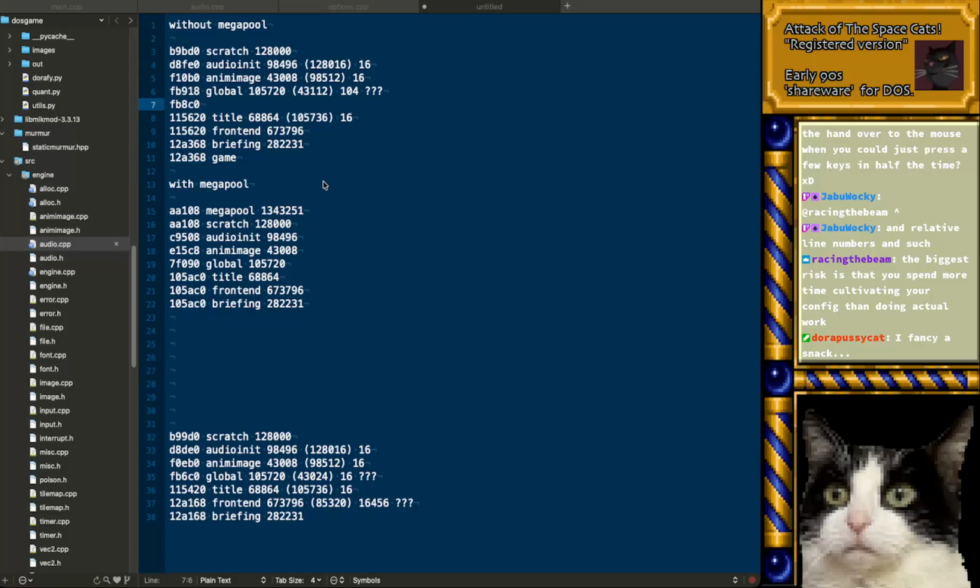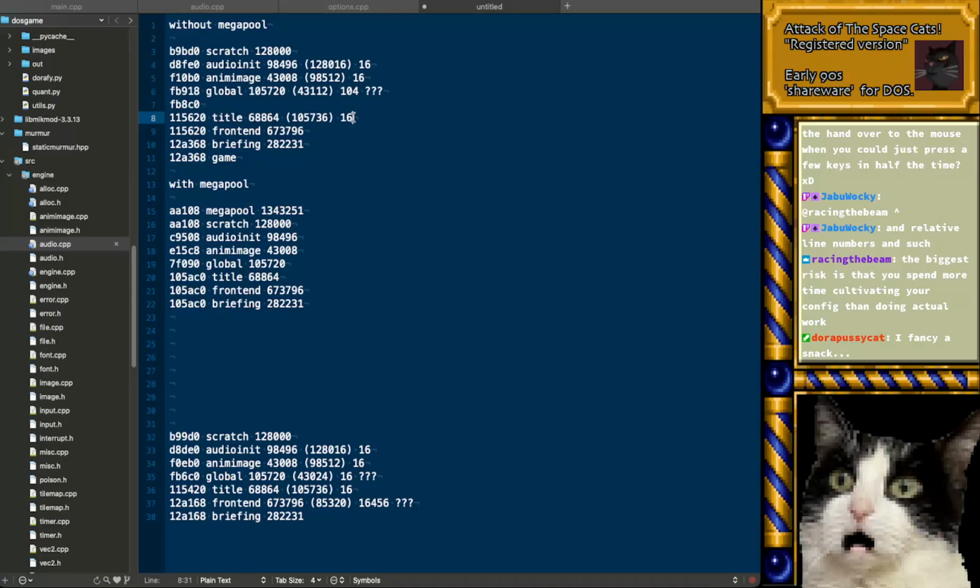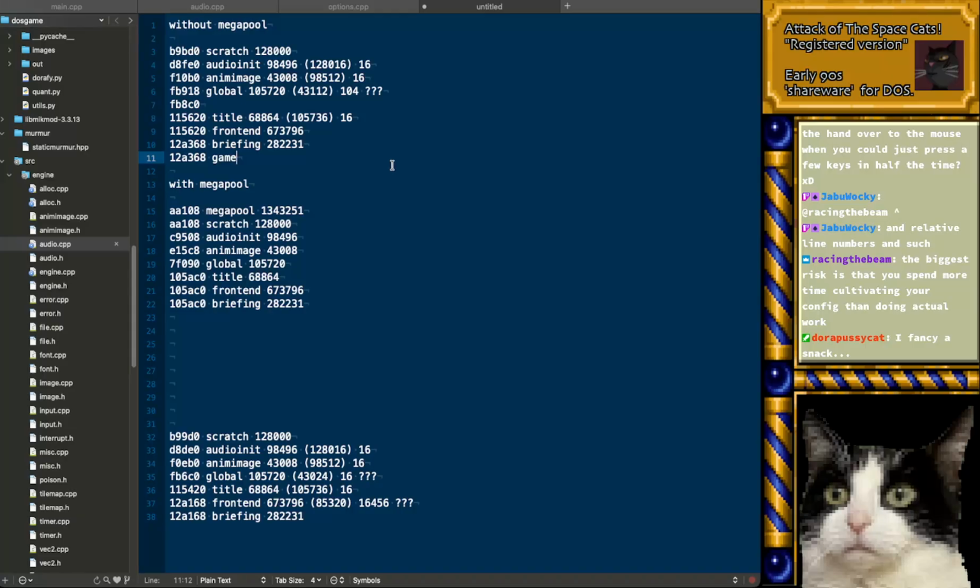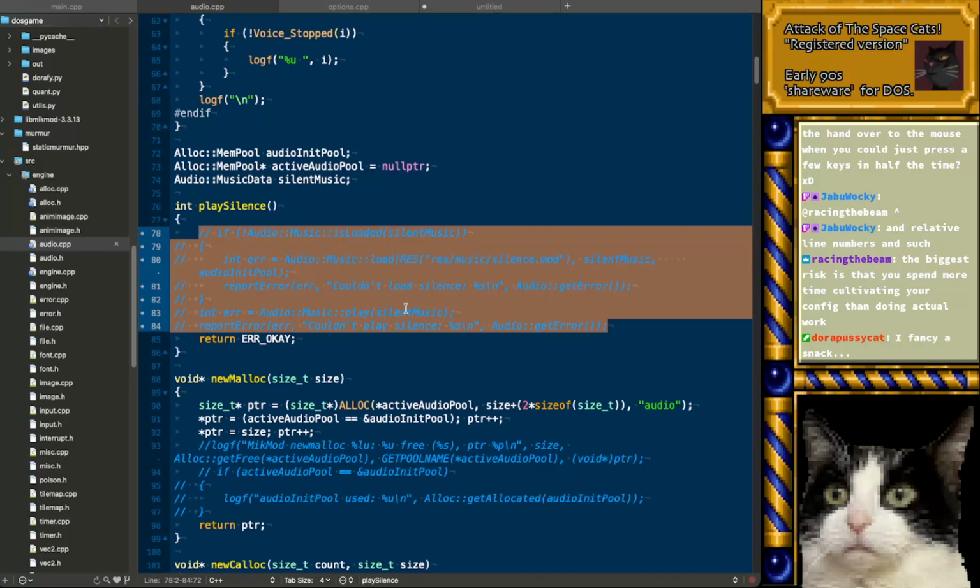I would see it going into game, because we're loading another track at that point, and then we're loading another track there, and all the way through. So why does that one cause an 88-byte jump?